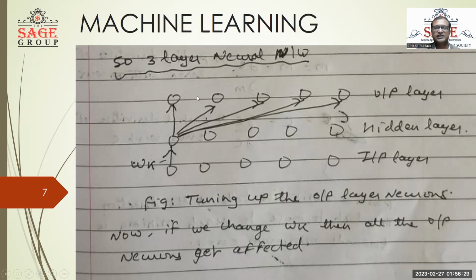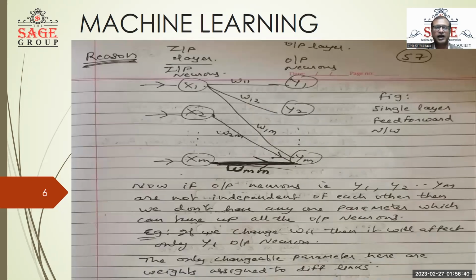So in this case, these output neurons or the outputs are dependent on each other. That is, they are interdependent. Now, as we have already seen in the previous slide, the fixed things are the inputs, the predicted outputs, and the actual outputs, and the only changeable thing is the weights.